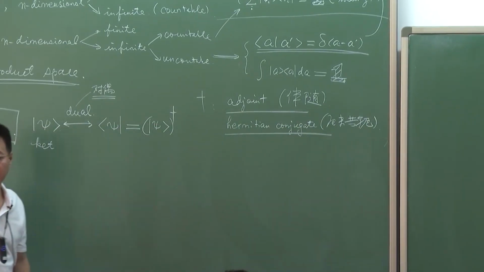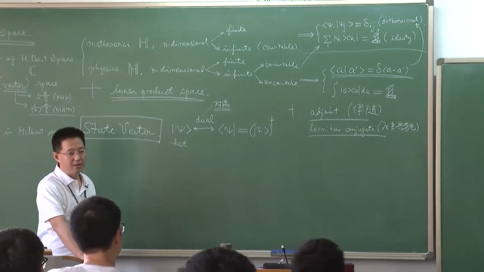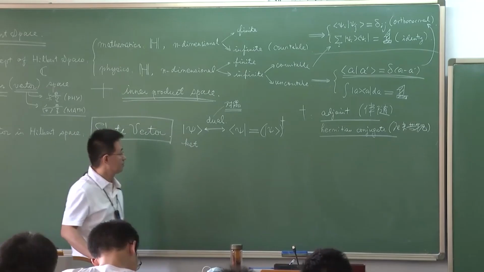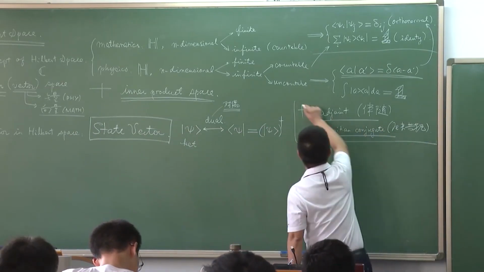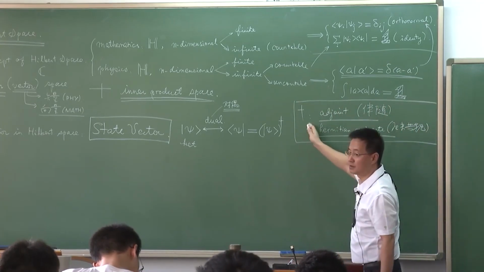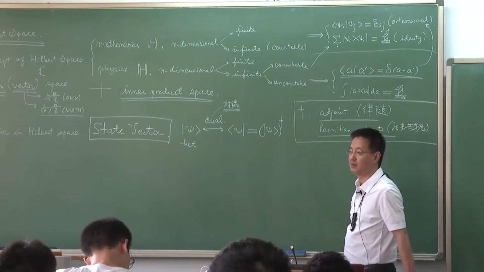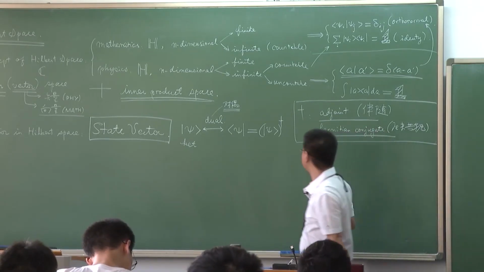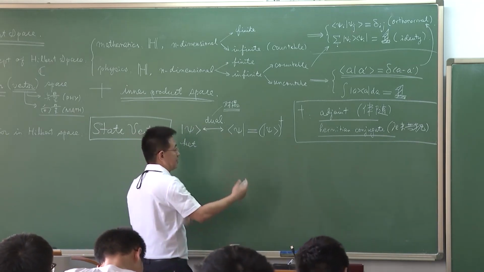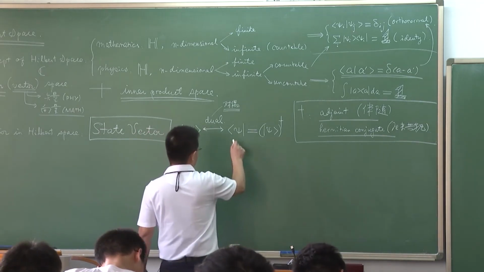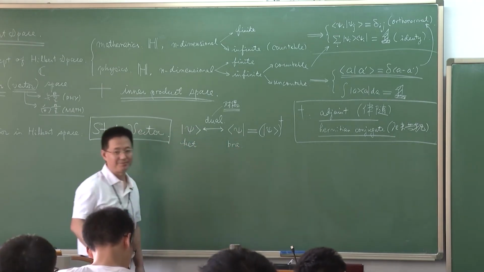The two names are equivalent, are the same, especially for the countable infinite dimensions. They are completely the equivalent. Okay, but this operation is very important for quantum mechanics because you always face the conjugate. This is called the Hermitian conjugate. In mathematics, it is called the adjoint. And for this, we call it a bra.